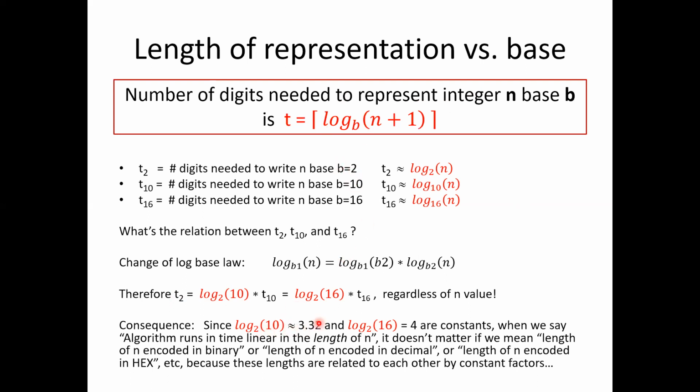But these are good to remember, and this change of base, log base law, is basically necessary to remember, to be able to quickly say, I have a certain number of digits in a given base, how many digits would it correspond to after change of base?